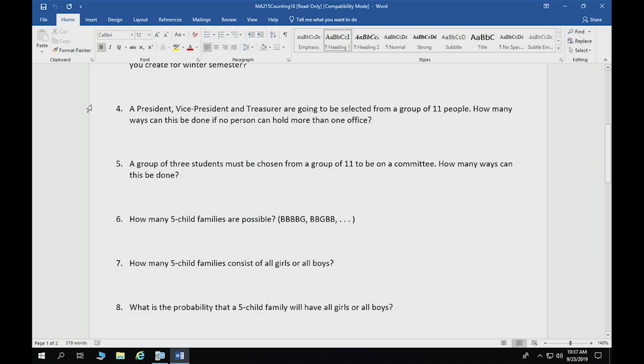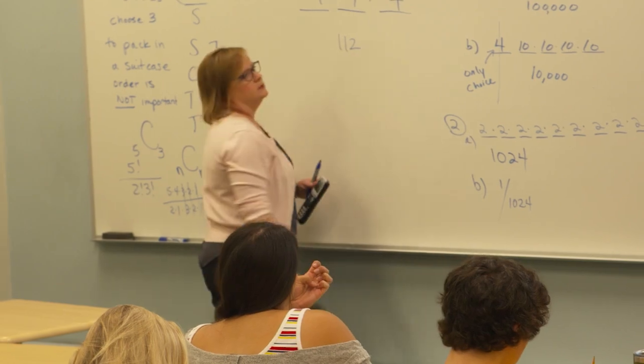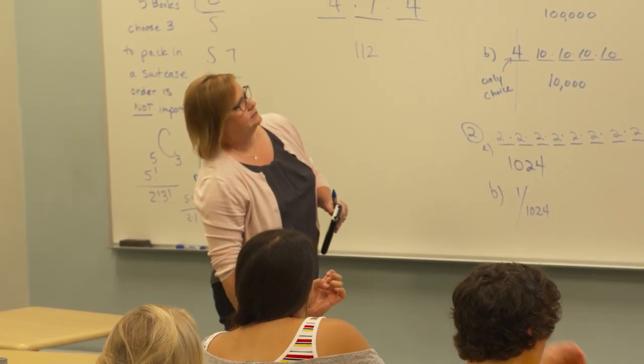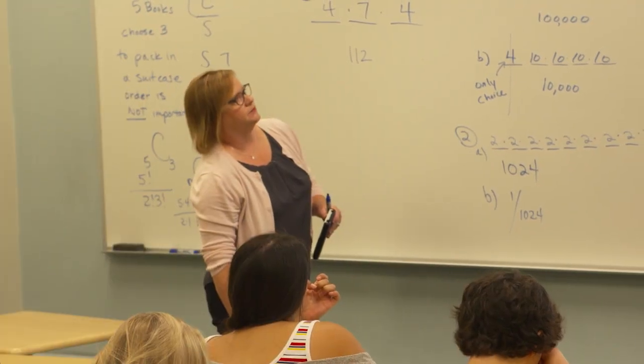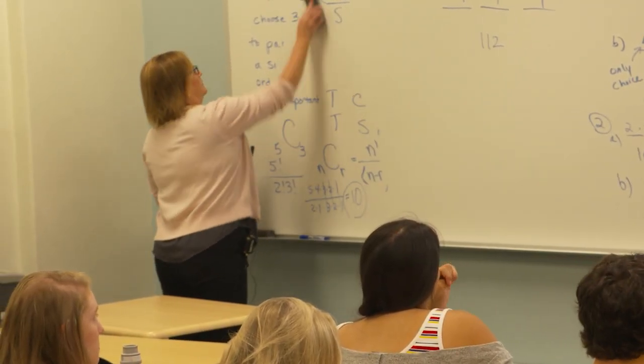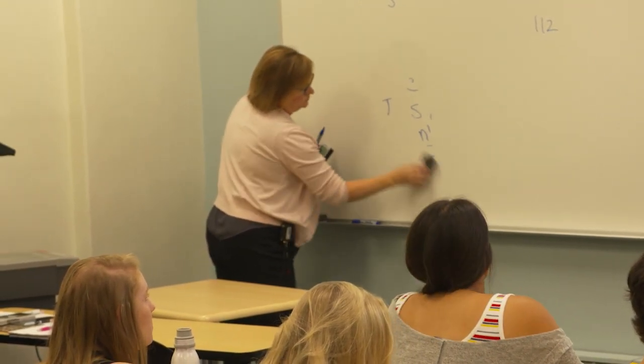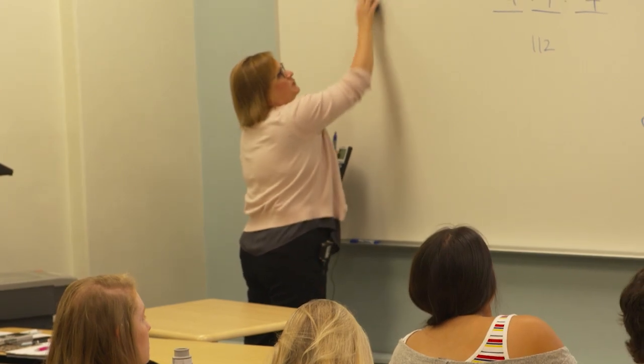number 4. So you're going to pick a president, vice president, and treasurer from a group of 11 people. How many ways can I do that if you can't make the same person be like president and vice president? So I can't repeat, right?